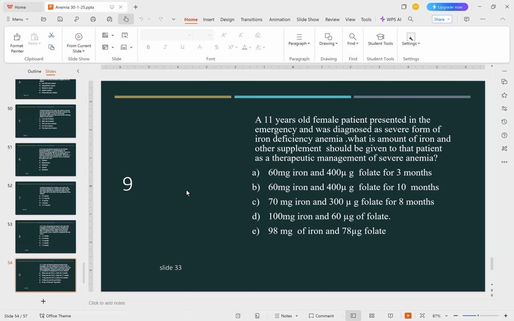An 11-year-old female patient presented in the emergency and was diagnosed with a severe form of iron deficiency anemia. What amount of iron and other supplements should be given to the patient as therapeutic management of severe anemia? 60 milligram iron and 600 microgram folate for 3 months, 60 milligram iron and 400 microgram folate for 10 months, 70 milligram iron and 300 microgram folate for 8 months, 100 microgram iron and 60 microgram of folate, 98 microgram of iron and 78 microgram of folate.